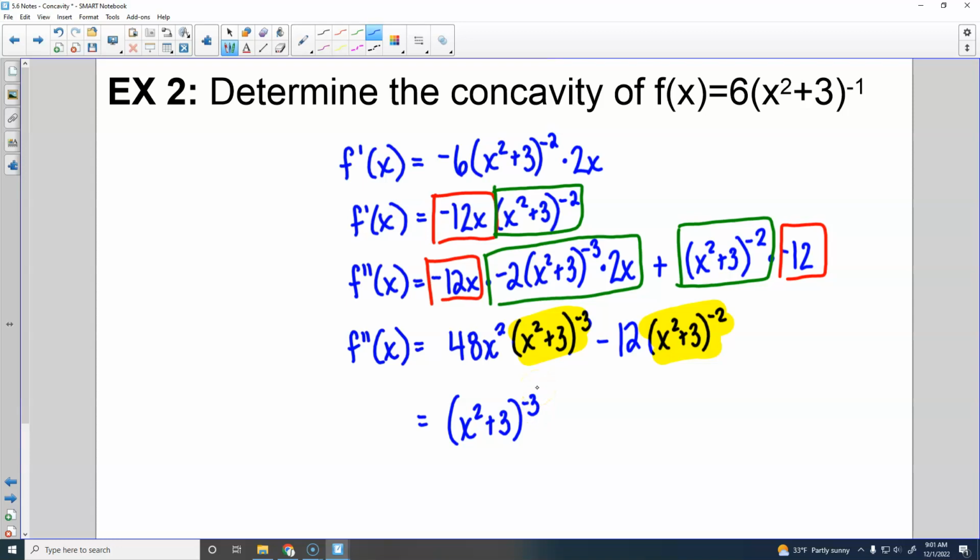If you want to take a 12 with it, you may. I think I'm going to hold off on that, but you can. So what we're doing there is it's like we're dividing by x squared plus 3 to the negative third from both of these because we're pulling it out. So it's just going to cancel on that first term, which means we'll just have our 48x squared. And then for our second term, x squared plus 3 to the negative 2 divided by x squared plus 3 to the negative third. What are you going to get there?